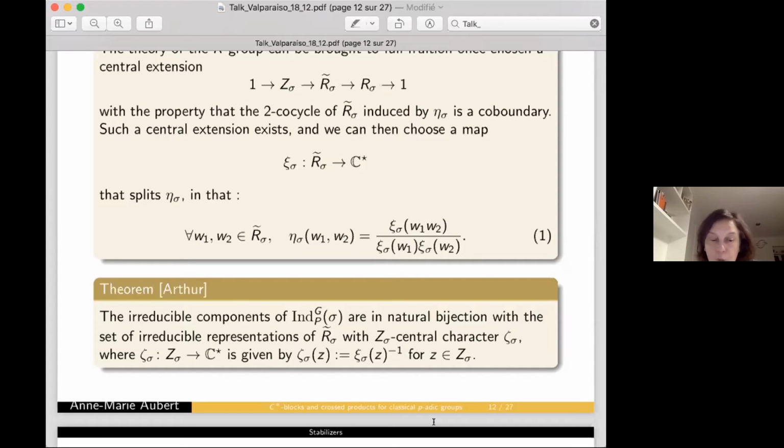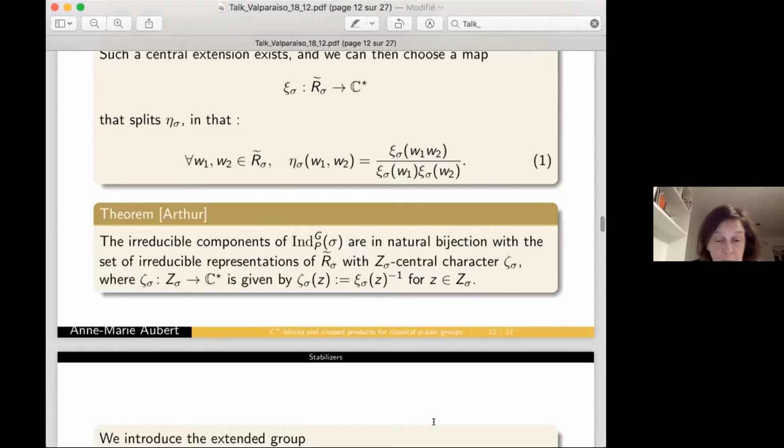And Arthur shows that the irreducible components of the parabolically induced representation from sigma are in natural bijection with the set of irreducible representations of the extension of R which admit a given central character zeta sigma, which is actually given by considering the inverse of this xi sigma.